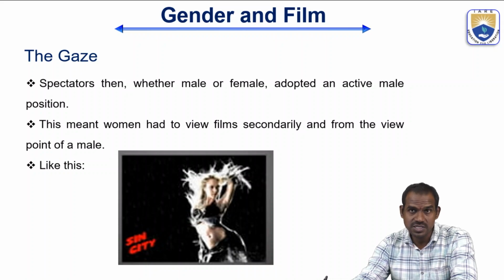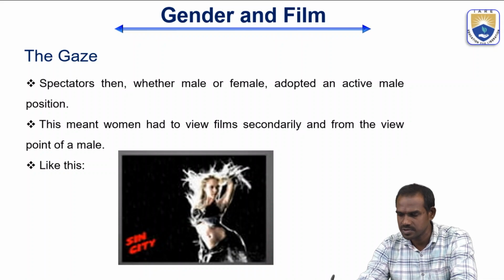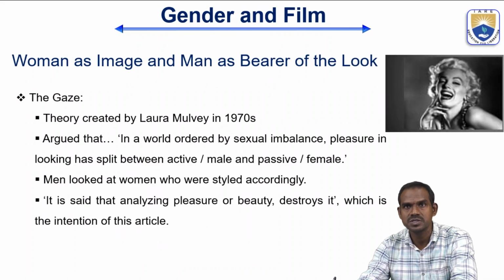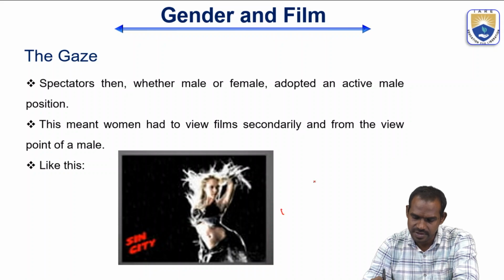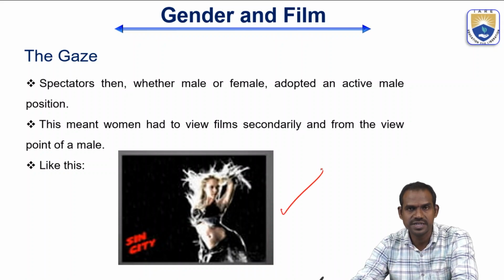Okay. So this is mentioned in the article The Gaze, which is written by Laura Mulvey, which I have shown in the previous slide. So women will show this kind of gazing position. Woman has to be gazed at, so then only the film will be placed in a big position.